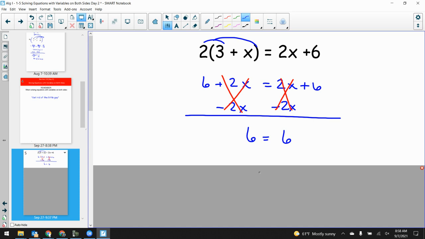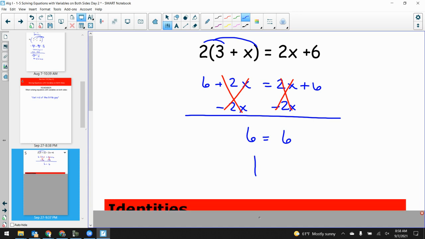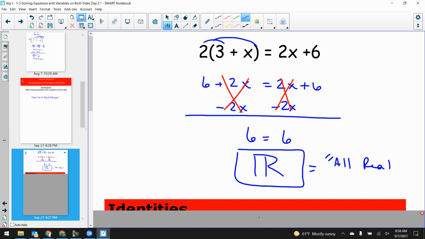If you get something that's true, then what we have for our answer is this symbol. Does anybody know what that symbol means? Does it mean that both of them are the same? Not exactly. This means all real numbers.